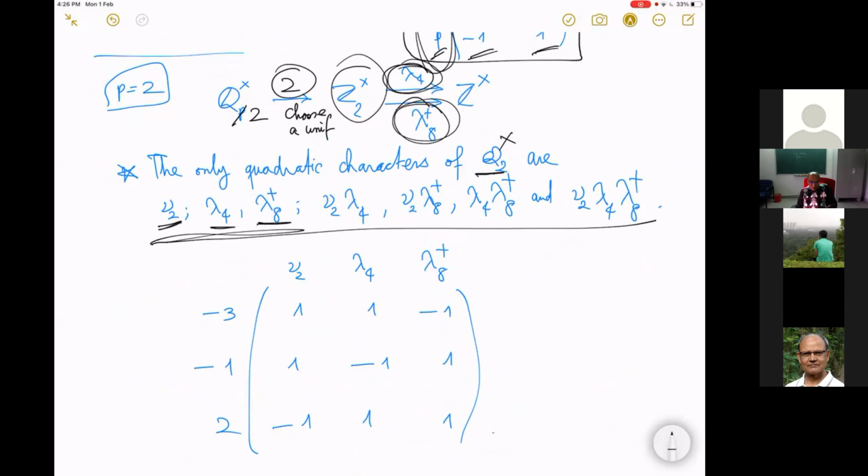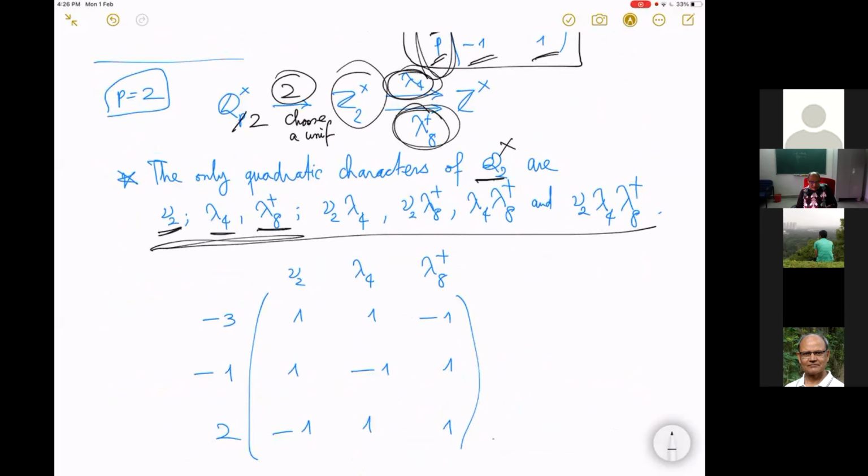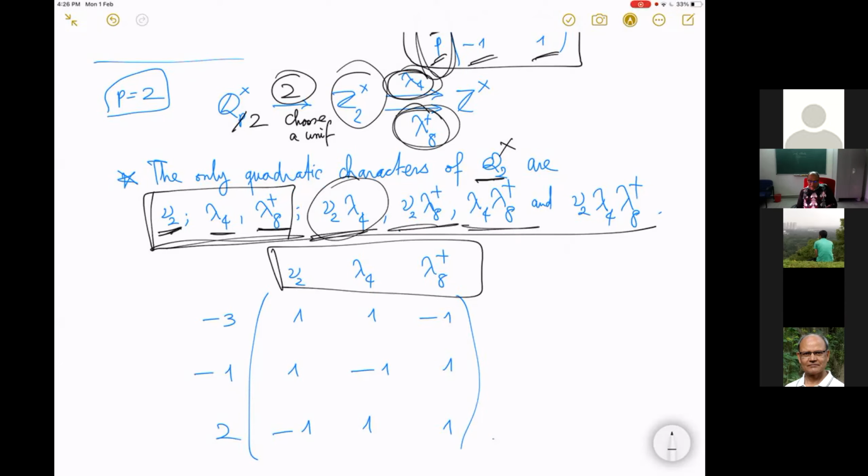Forget about odd p. Let's stick to p equal to 2. So you have these three: the unramified quadratic character nu 2, lambda 4, lambda 8 plus. And then the others are products of various combinations of these three. So these three are in some sense the basic quadratic characters, and the others are just the product of nu 2 and lambda 4, nu 2 and lambda 8 plus, lambda 4 and lambda 8 plus, and the product of all three, nu 2, lambda 4, lambda 8 plus.